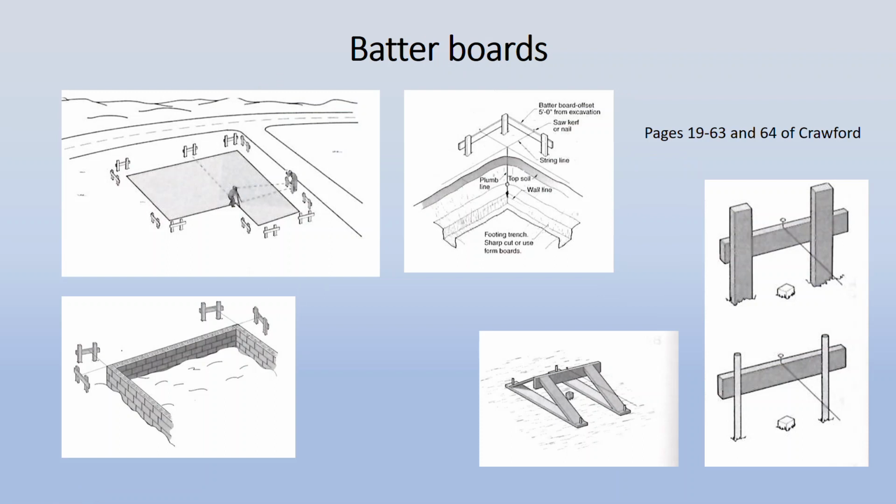Batter boards is not something we're going to build or construct in this class. It is in another class, but it's important for you to know what a batter board is, because that's what your control, that's what your stakeout point is being used for. A batter board is simply a reference surface, a reference feature, such as a 2x4.